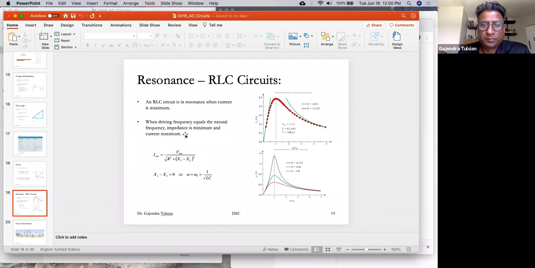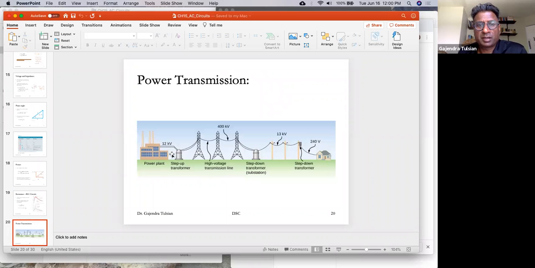So what you want is the inductive reactance to cancel the capacitive reactance, and that's when you'll deliver maximum power. And that's what I showed you a minute ago.